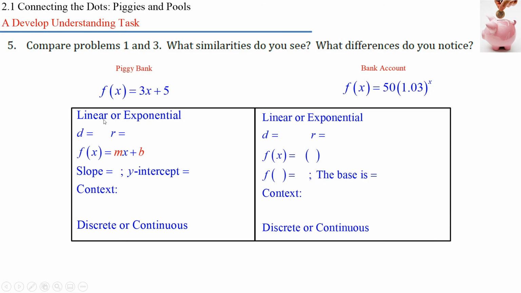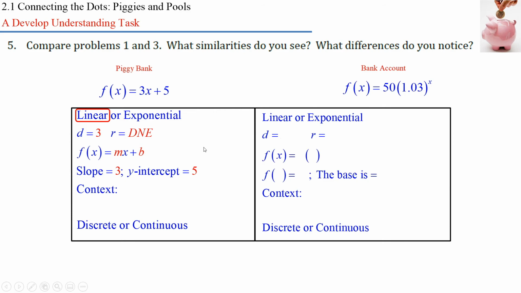A linear function. So the function is linear. And if the function is linear, that means if I created a sequence, it would be discrete with a common difference of my slope, 3. Which means there is no common ratio here. Does not exist. And then one more time, what's the slope in this problem? It's the same as the common difference, or this 3 right here. And what's the y-intercept? Well, it's the b, or the 5 right there. And if you want to write that as an ordered pair, (0, 5), that would be great.